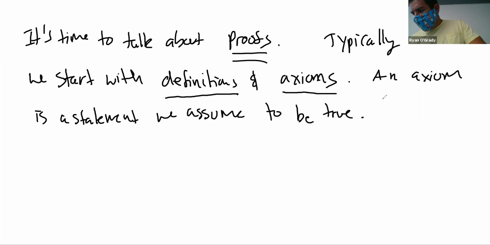So for example, an axiom of real numbers would be if I take two real numbers and add them together, I get a real number. An axiom would be for every real number, there exists an additive inverse. There exists a multiplicative inverse. We all agree that this is true. And it doesn't take much to agree, like we just gave you the example. You pick 7, I pick -7. That's its additive inverse.